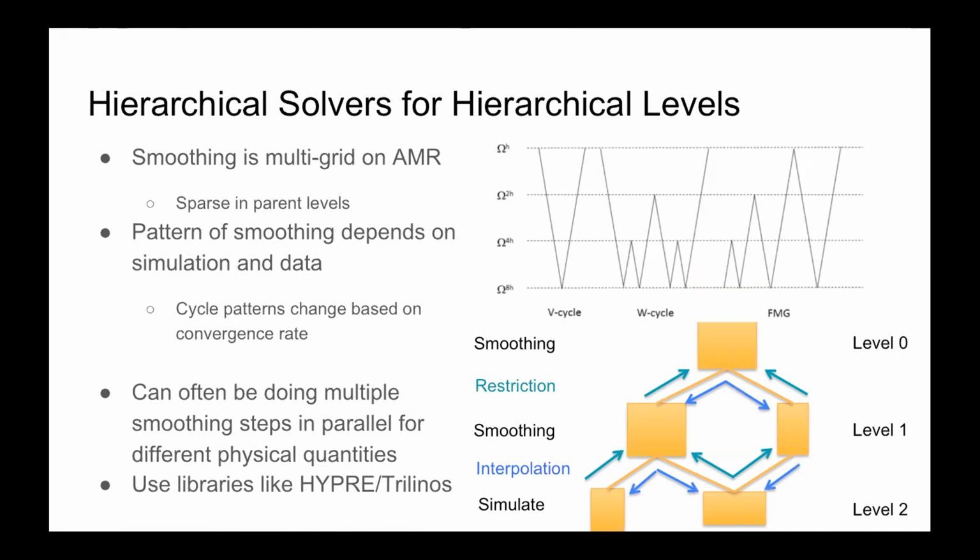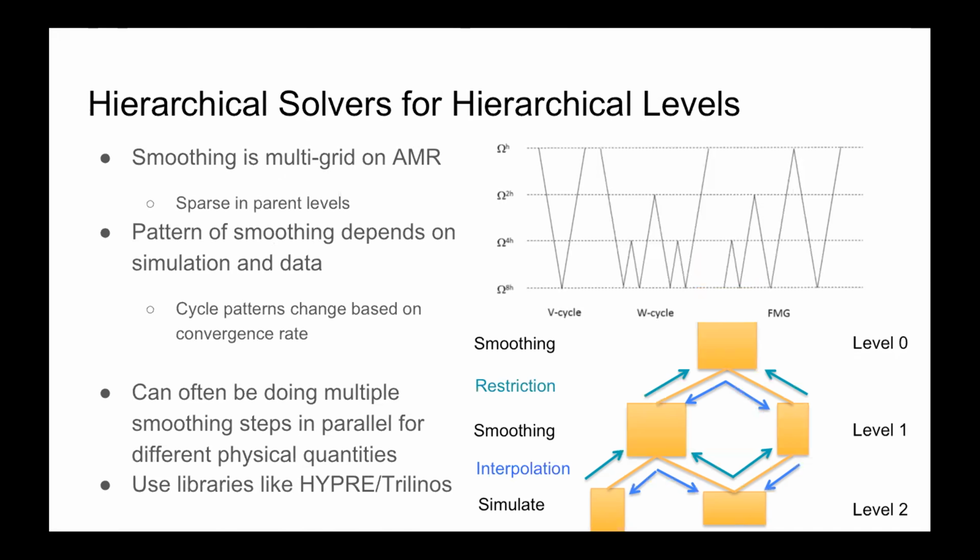And what really makes this interesting is that the pattern of cycle that you choose is often data dependent, based on how your simulation is running and your convergence on some of your iterations, in order to figure out how quickly you're converging to the next time step. And so oftentimes they will dynamically decide what to do based on the data that they're computing on and how the convergence is occurring.